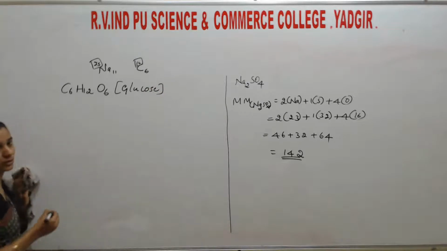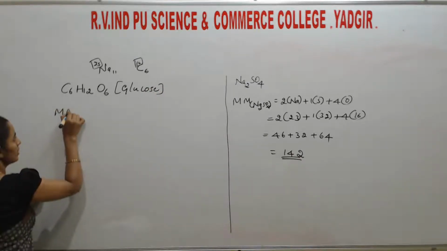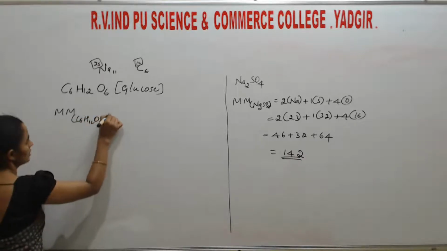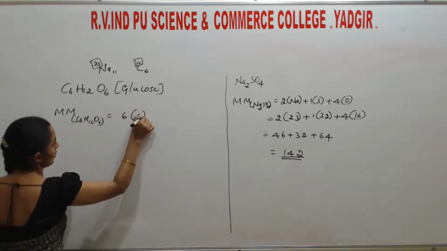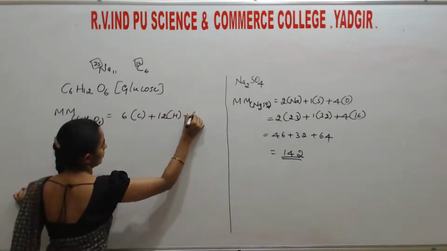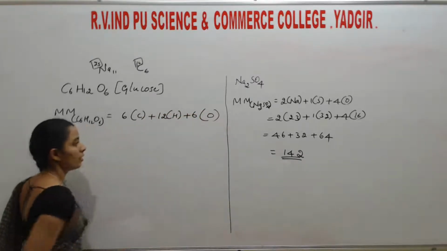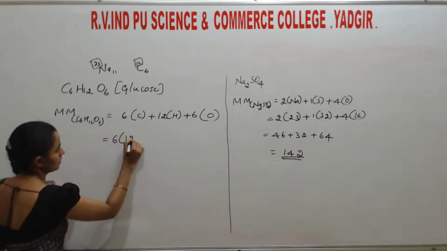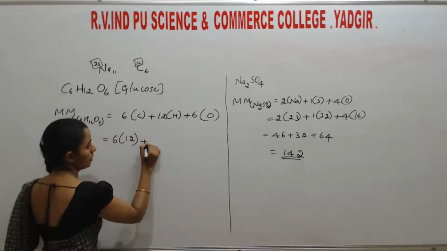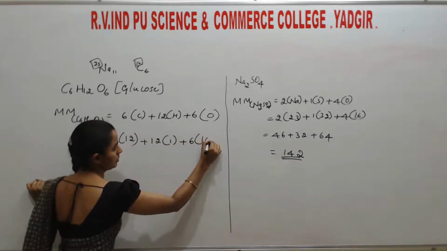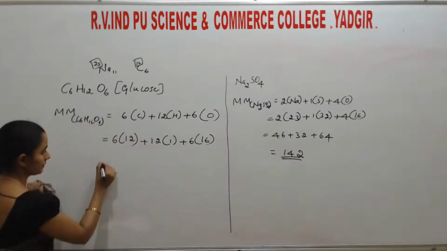Glucose. So the molecular mass of C6H12O6 is 6 times carbon plus 12 times hydrogen plus 6 times oxygen. That is 6 times 12, 12 times 1, plus 6 times 16.